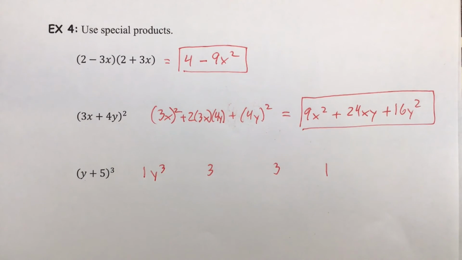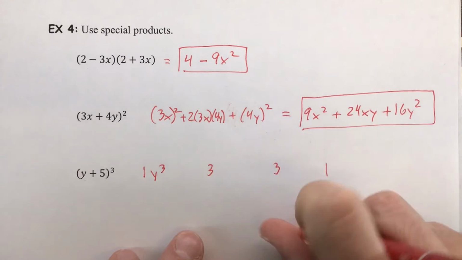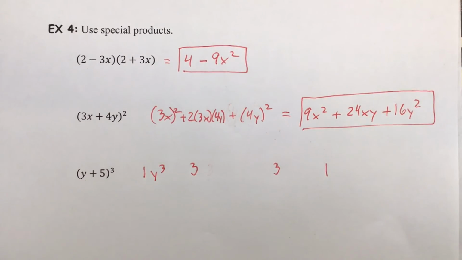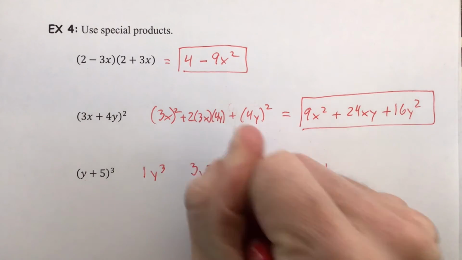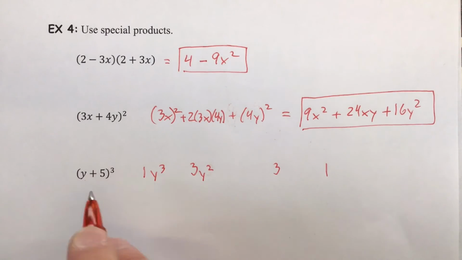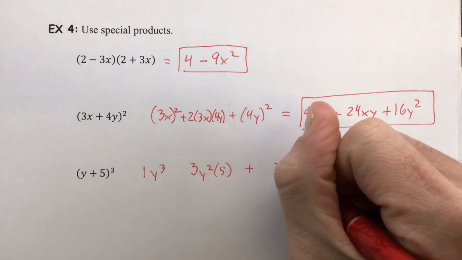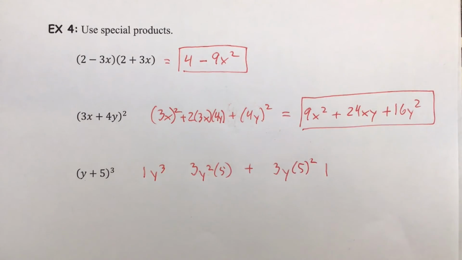Your second term is going to be y squared, so it drops down by 1, times a b. Your next term is going to be 3 times a single y, times 5 squared.